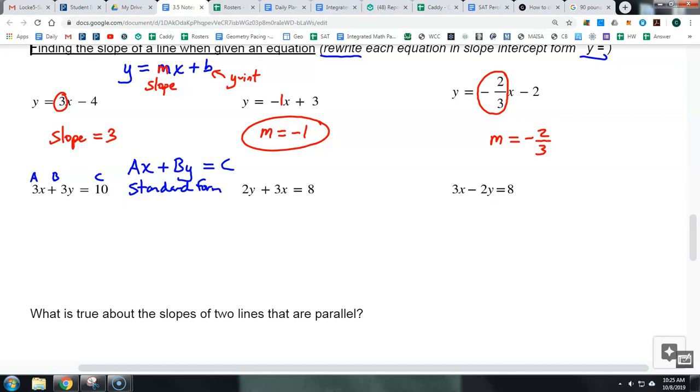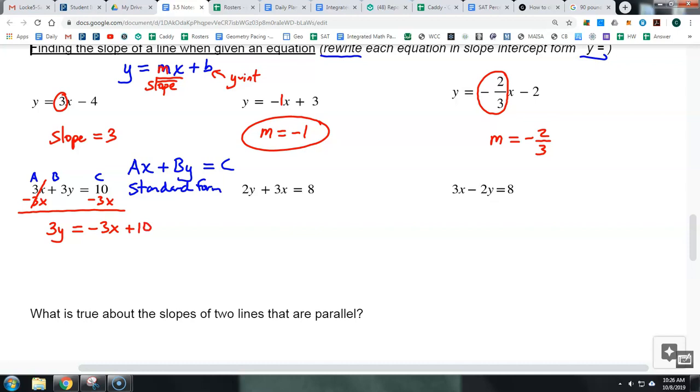So what I'll do here on this first one, to get y by itself, I'm going to subtract 3x from both sides. And when I do that, I'm left with 3y equals, and I'm going to put the x term in the front just because in slope-intercept form the x term is up there in the front. And I'll put that positive 10 at the back.